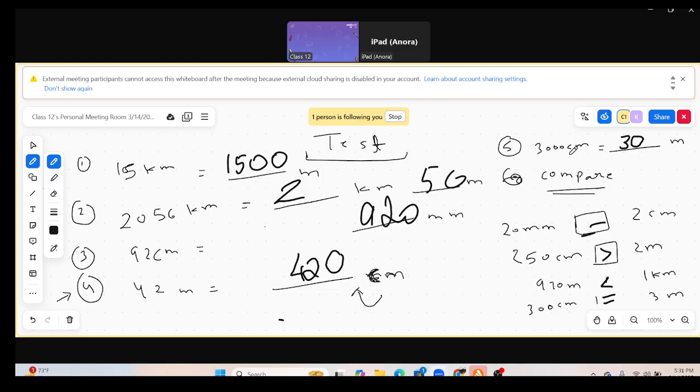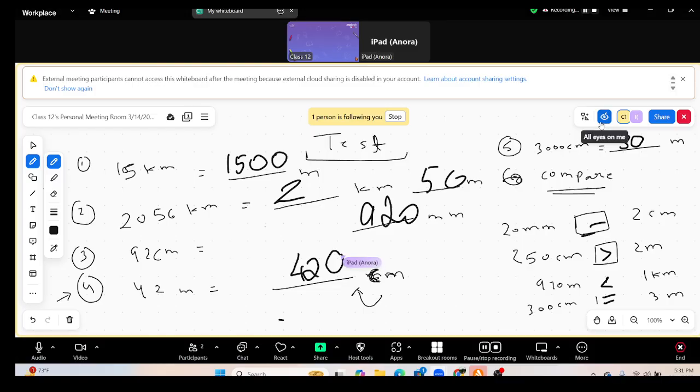So this is your answer. Are you sure about the fourth? How many centimeters are there in 1 meter? 100. So what would you do here in the fourth?